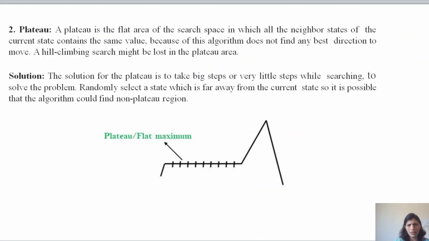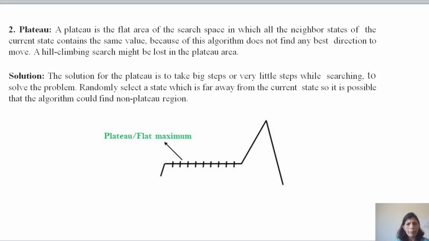Next one is the plateau. Plateau is a flat area of the search space in which all the neighbor states of the current state contain the same value. Because of this, the algorithm doesn't find any best direction to move. There is no better state and the hill climbing search algorithm might get lost in the plateau area.